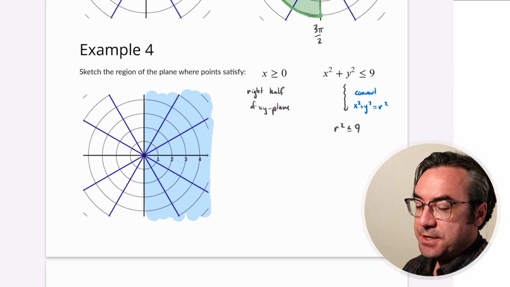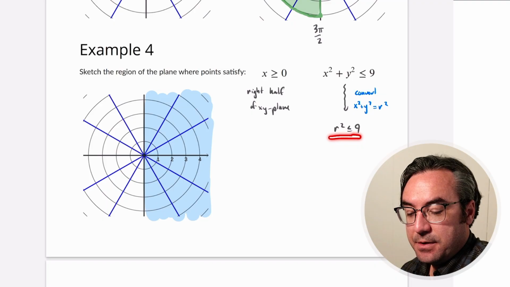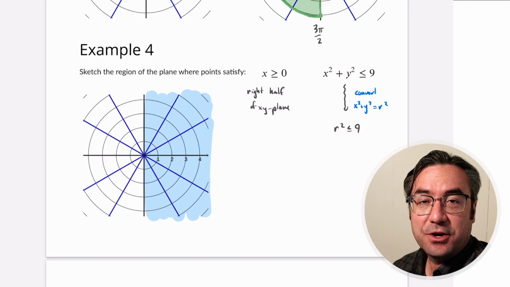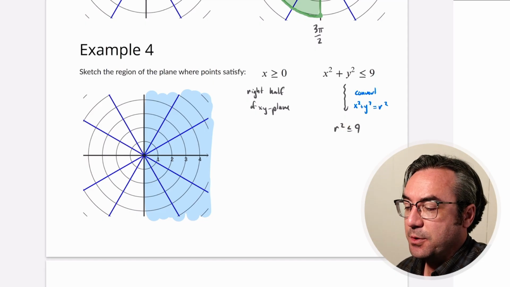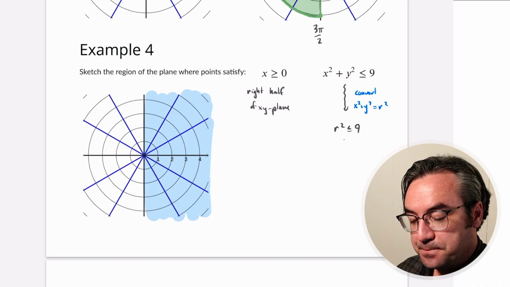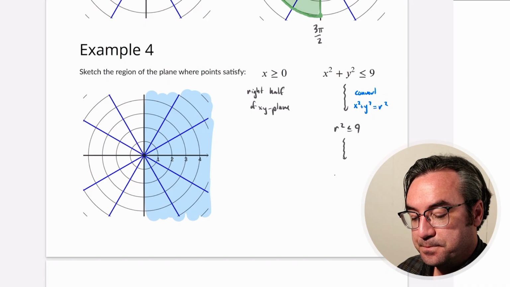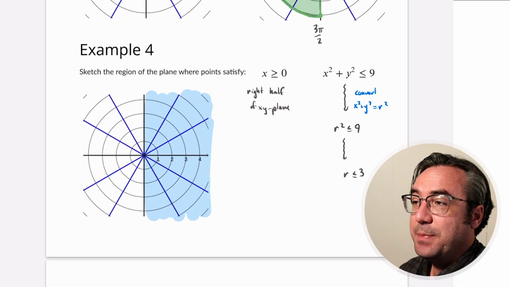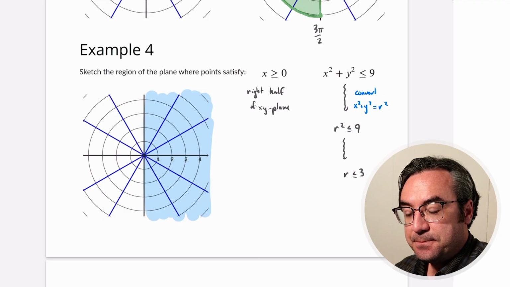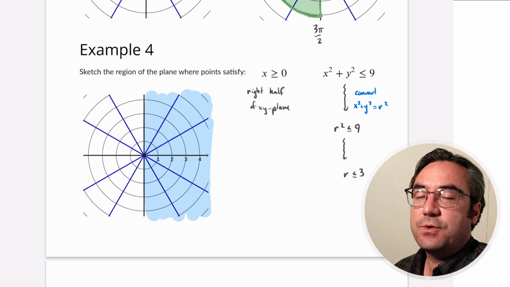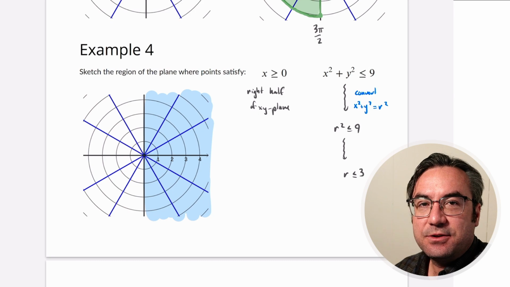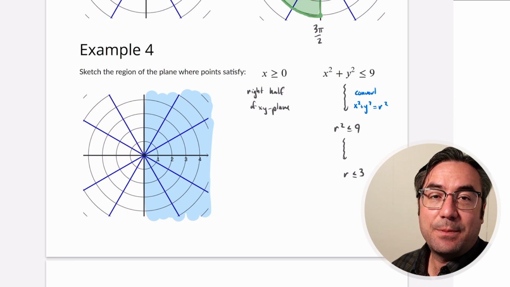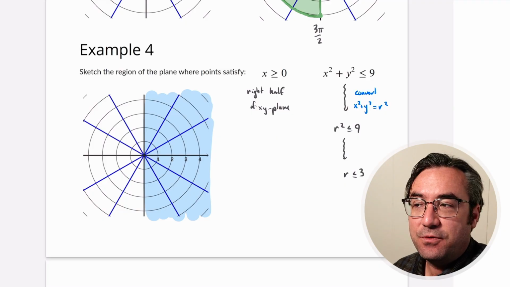All right, so let's solve this inequality for just r. We don't want r squared, so let's take the square root of both sides. That gives us r is less than or equal to positive 3. And when we're trying to describe a polar region, we don't necessarily need to have every single representation of the points accounted for.